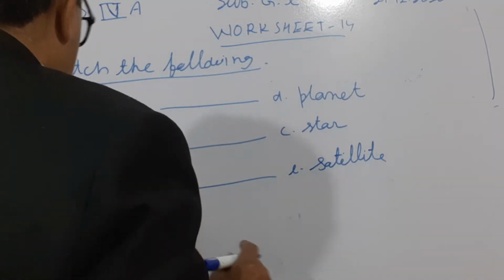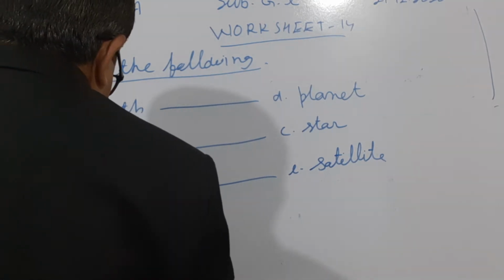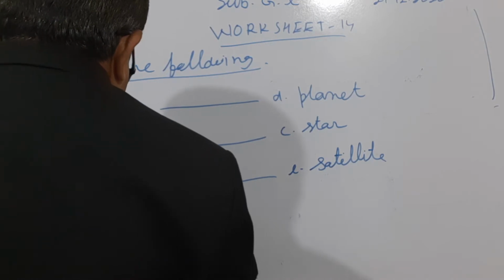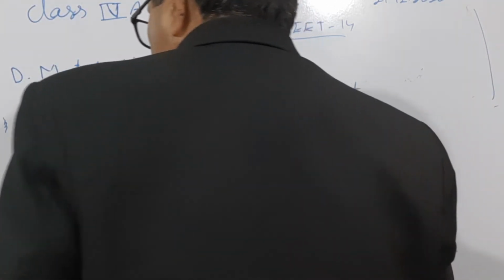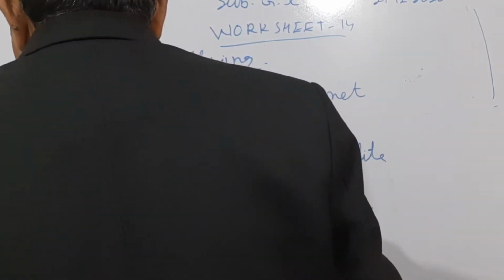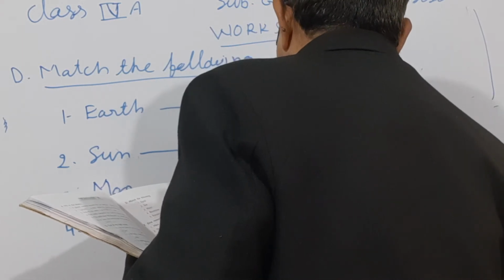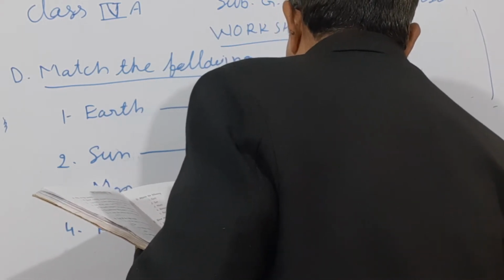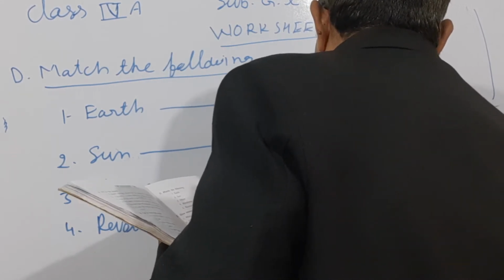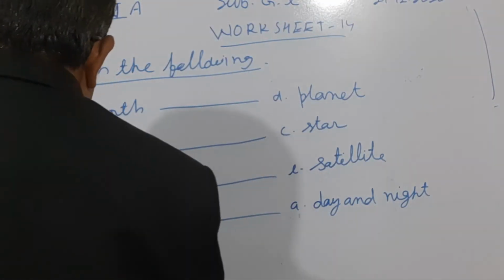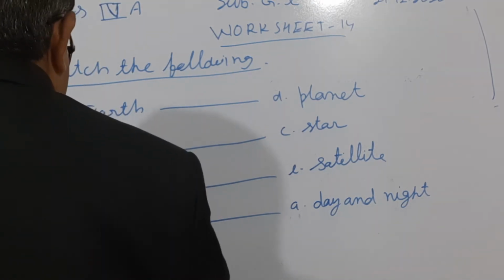And fourth, revolution. In front of revolution you have to write day and night, A. And fifth is rotation.